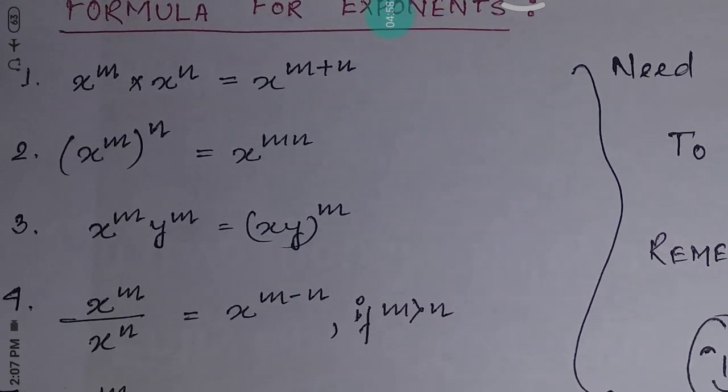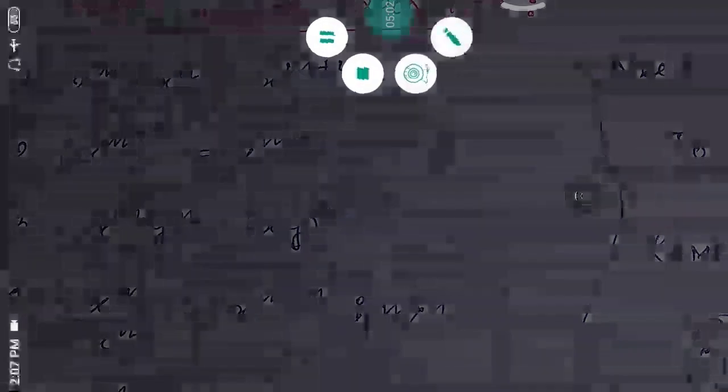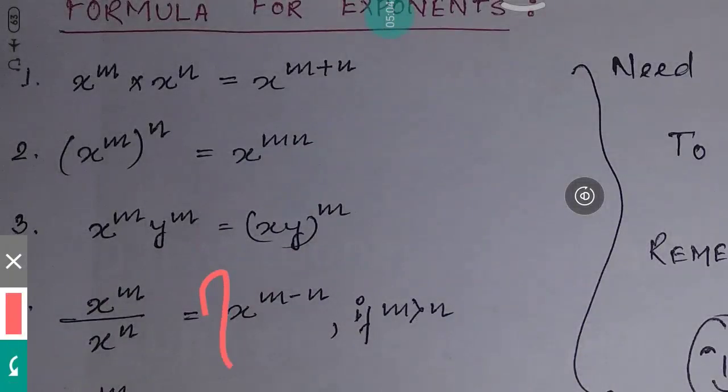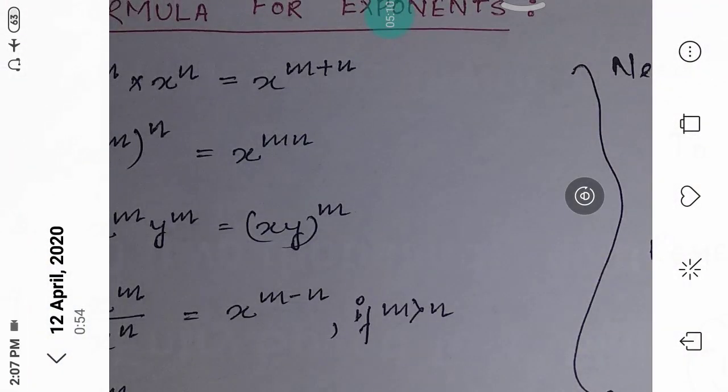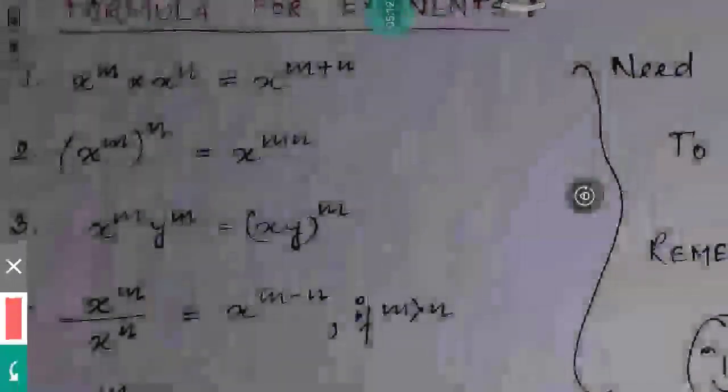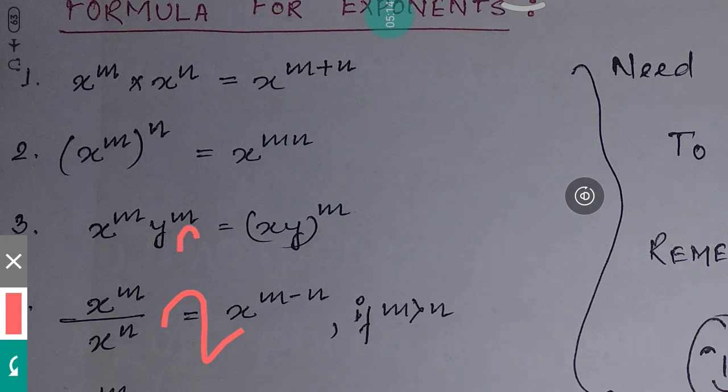Now formula 2. Formula number 2 is given that if x power m, suppose a number 2, sorry, it is given like 2 square is given in a bracket, outside the bracket 2 cube is given, suppose.